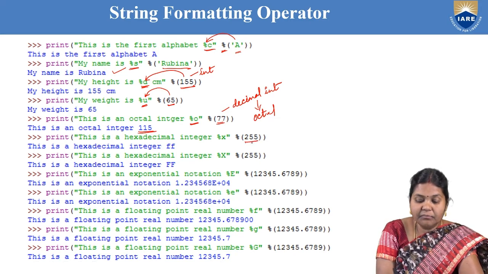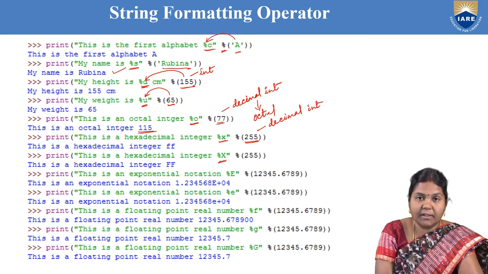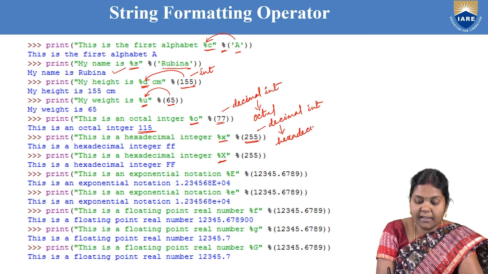Similarly, if you give 255, which is a decimal integer, and write %x, small x or capital X, it will convert the decimal into hexadecimal form and then display it.